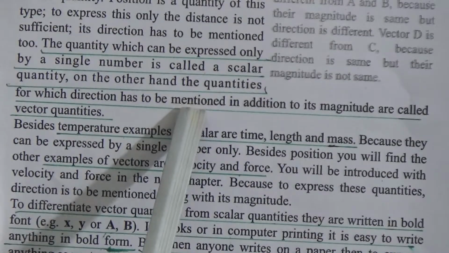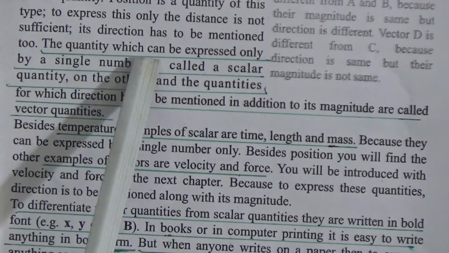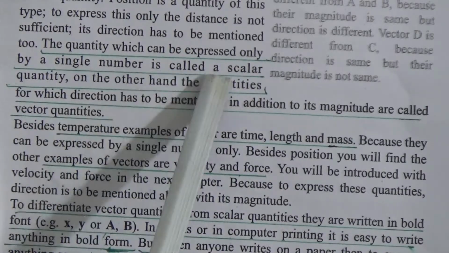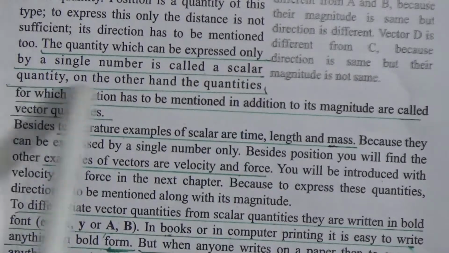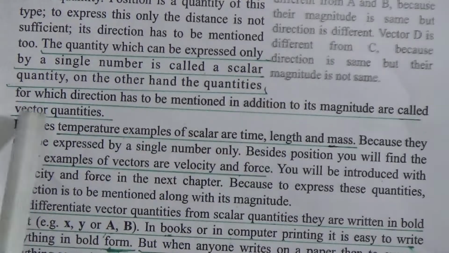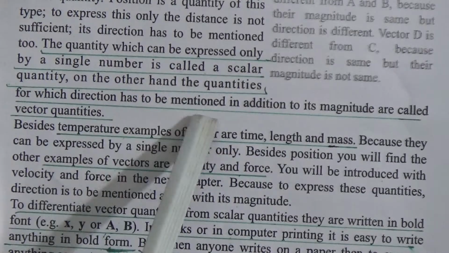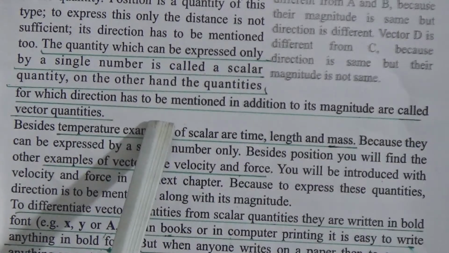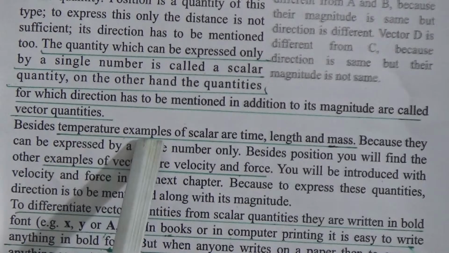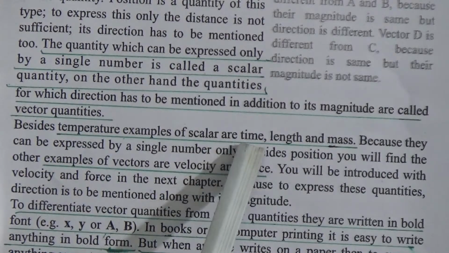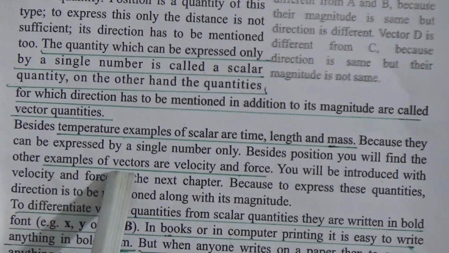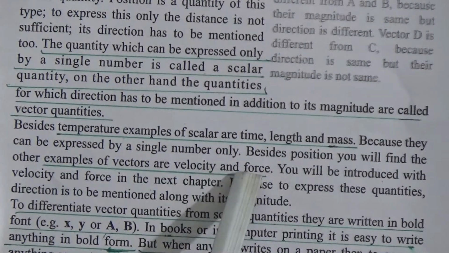I repeat: a quantity which can be expressed only by a single number is called a scalar quantity, while quantities for which direction has to be mentioned in addition to magnitude are called vector quantities. Examples of scalars are temperature, time, length and mass, and examples of vectors are velocity and force.